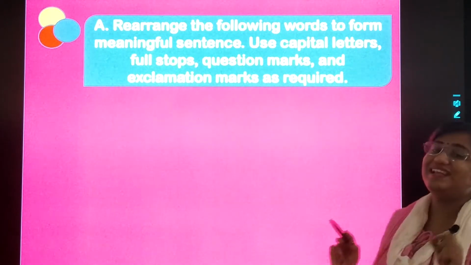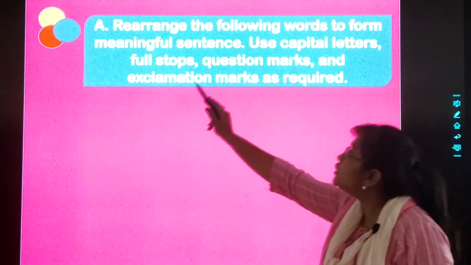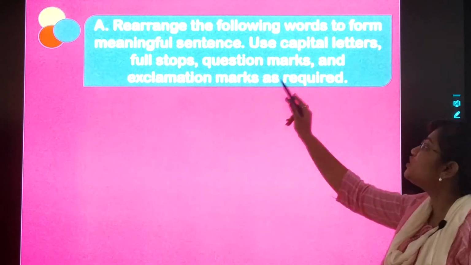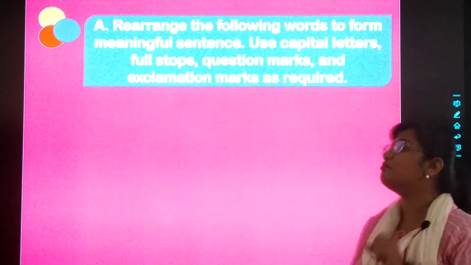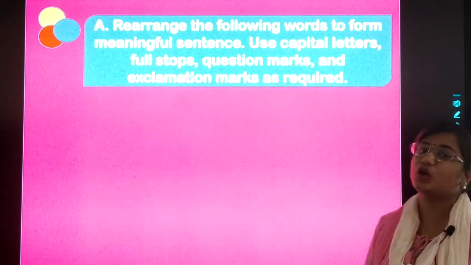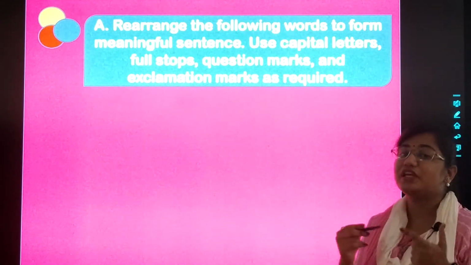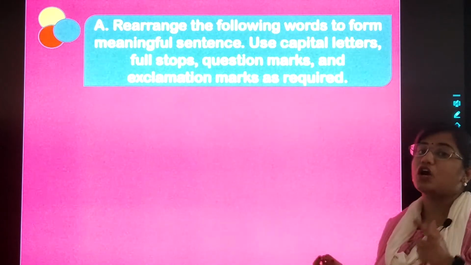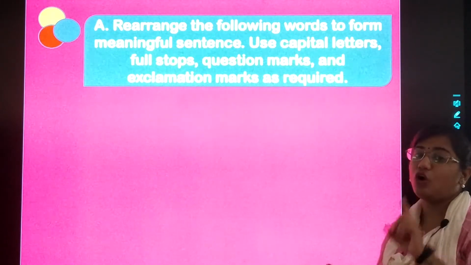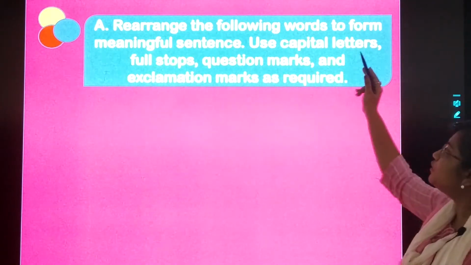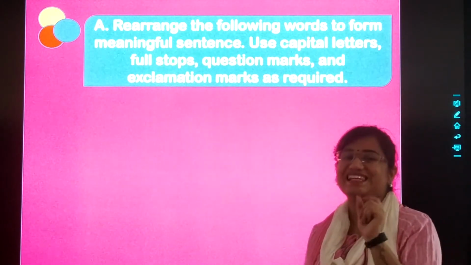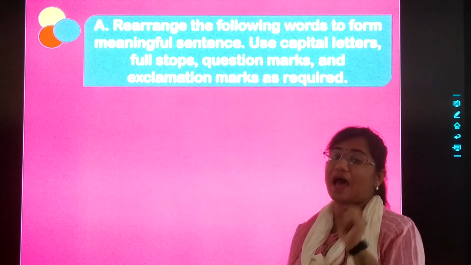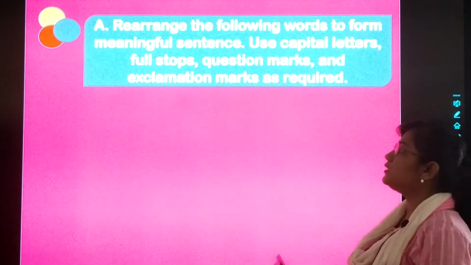Use capital letters, full stops, question marks and exclamation marks as required. You need to rearrange the words according to the systematic order, and you also will use these features to make the sentence sensible and meaningful. Let us see.